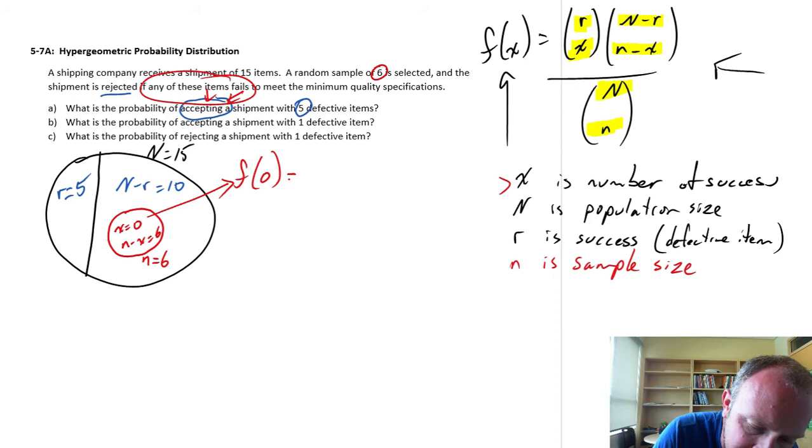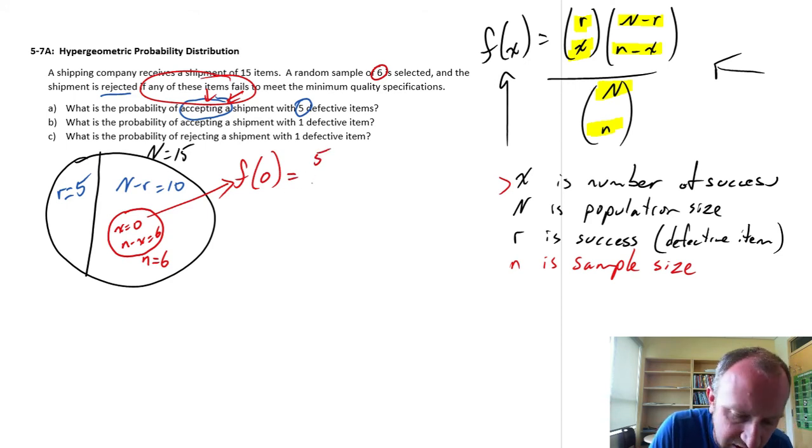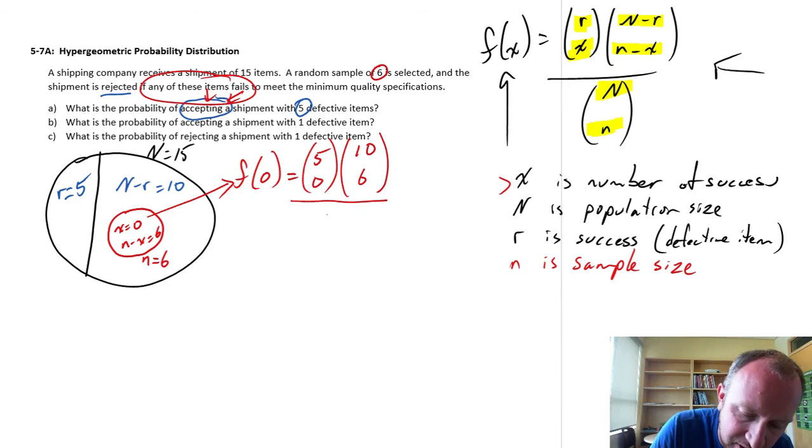And now we can plug in our values. So this is going to be 5, and x is 0. And over here, this is going to be 10, and n minus x is 6, divided by our population, 15, sample is 6.